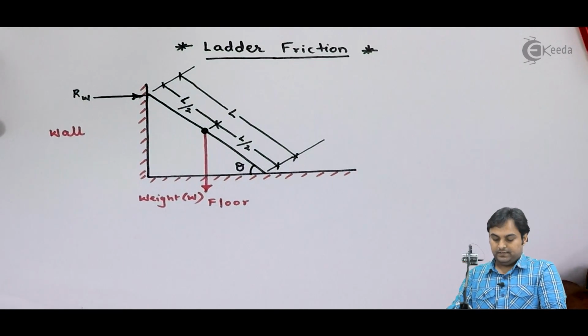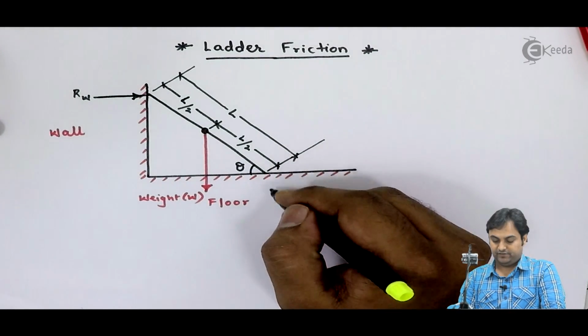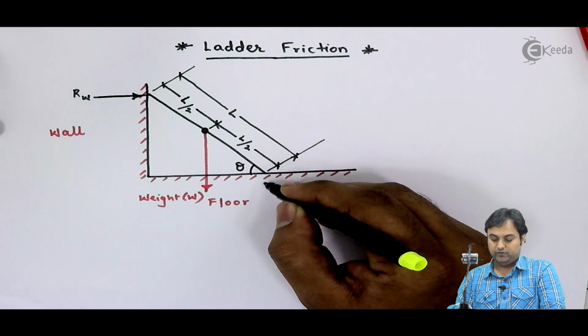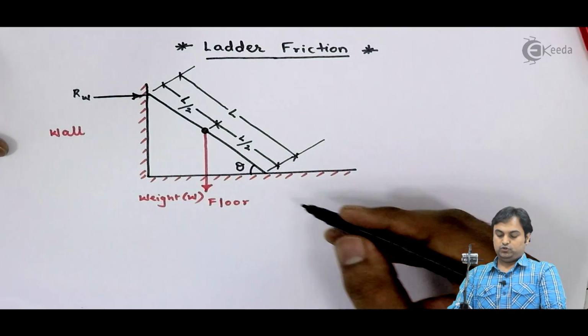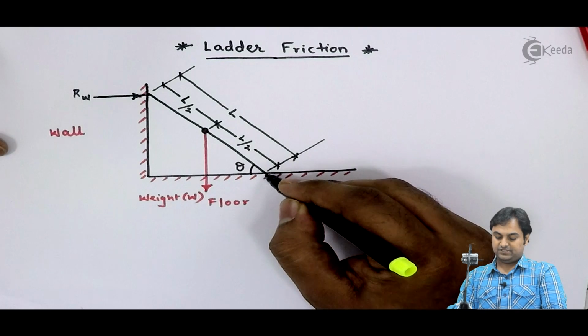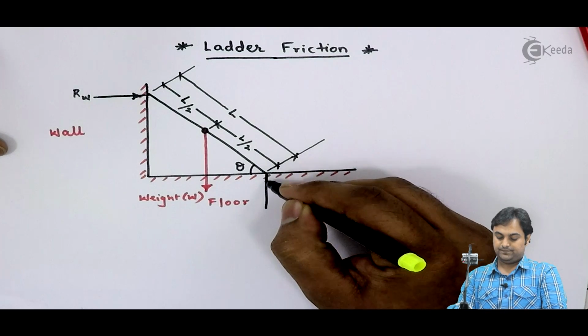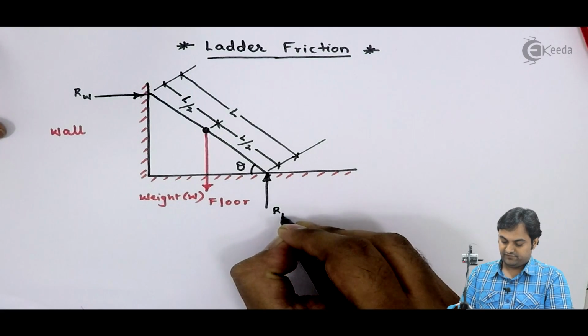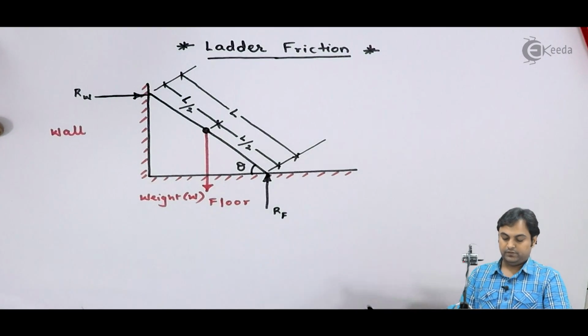Similarly, the ladder is resting against the floor and it is exerting a force on the floor in the downward direction. So the floor would be offering one reaction in the upward direction. That I will call R suffix F, the reaction offered by the floor.